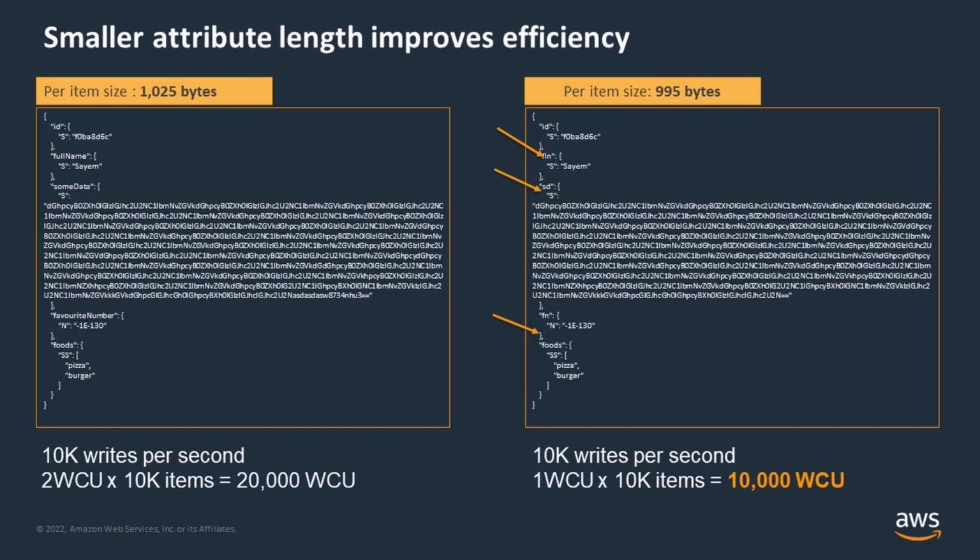In this example, we see an item that shrank below the 1 WCU boundary, which in DynamoDB is 1024 bytes. That's what's equal to 1 WCU. And so the item size shrinks from 1025 bytes to 995 bytes by going from attribute names like full name down to FN. So instead of requiring 2 WCUs to update an item, we now only need 1 WCU. And as you can see in this example, this leads to a 50% reduction in the write capacity units required on this table.